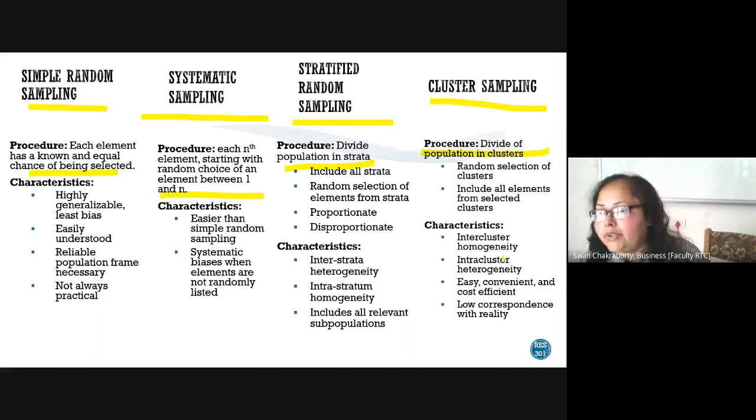The characteristics here are intercluster homogeneity and intracluster heterogeneity. It's easy, convenient, and cost efficient, and it has low correspondence with reality.